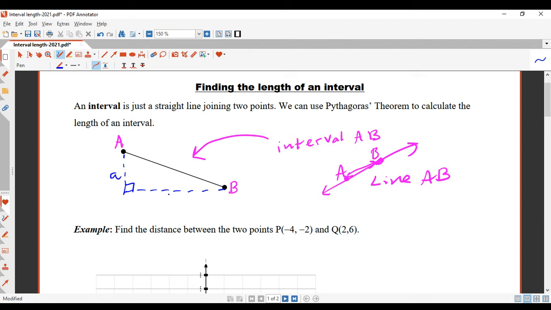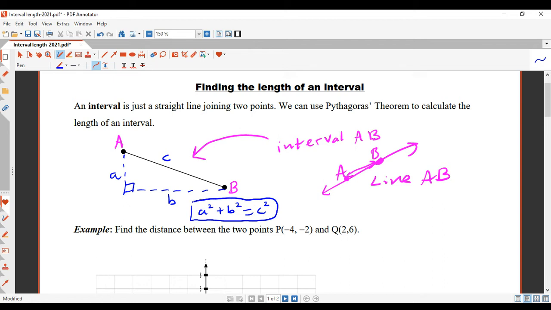Pythagoras' theorem says label the two shorter sides A and B and label the longer side C. Pythagoras' theorem is A squared plus B squared equals C squared. So A and B will be the vertical and horizontal lengths, and C will be the length that we want to find.